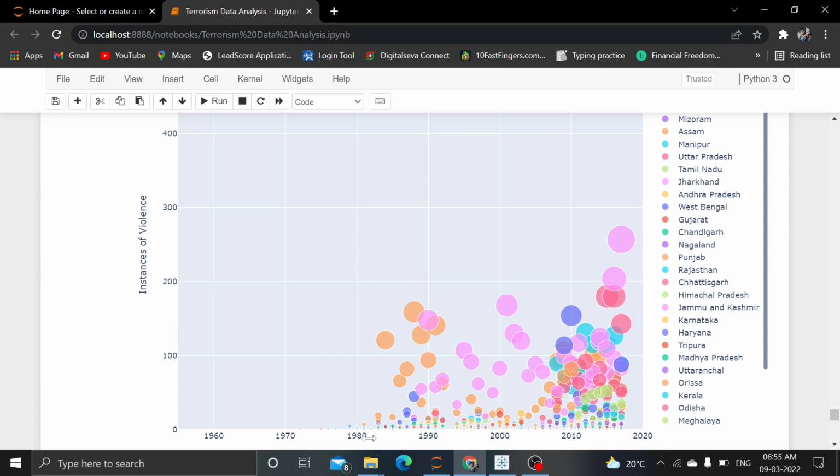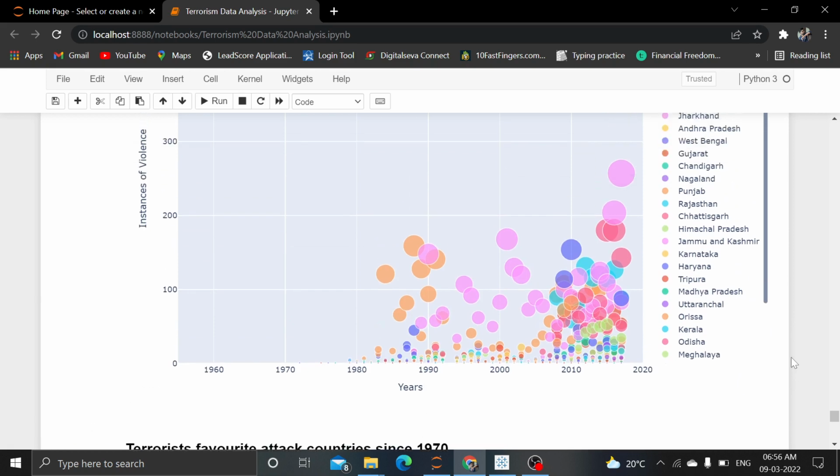Till 1983 there are very few instances. Suddenly it went up. Jammu and Kashmir is the highest in violence, and along with that, Chhattisgarh is also there, Punjab is also there, and West Bengal is also there.